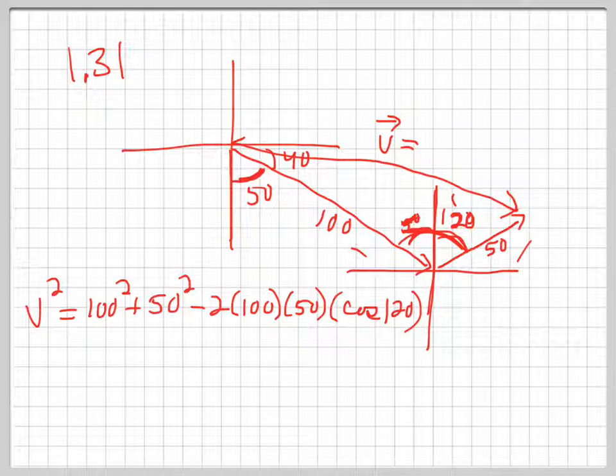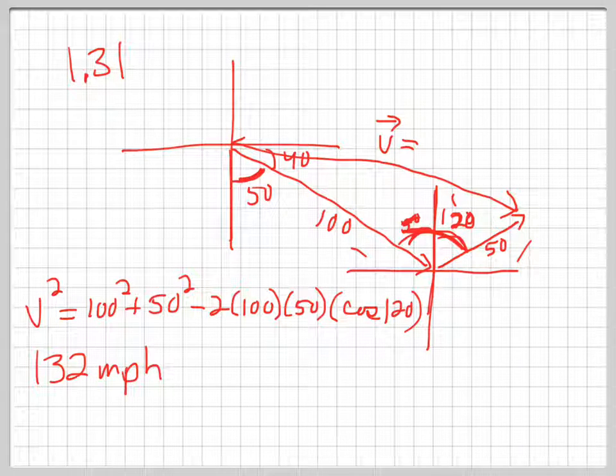So 100 squared plus 50 squared minus 2 times 100 times 50 times cosine 120 equals, and then I have to do square root, and I get 132 miles per hour. That's the speed.